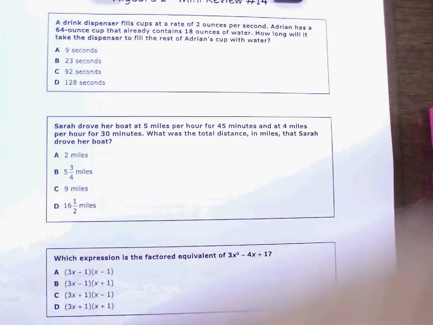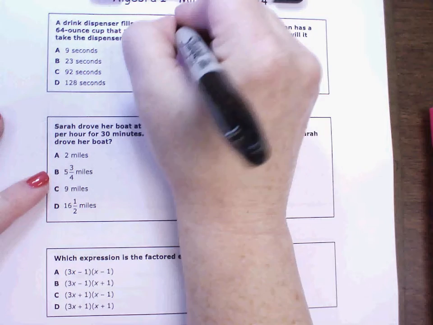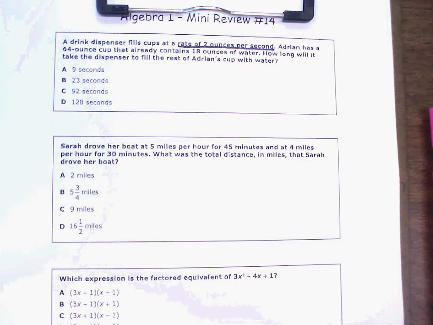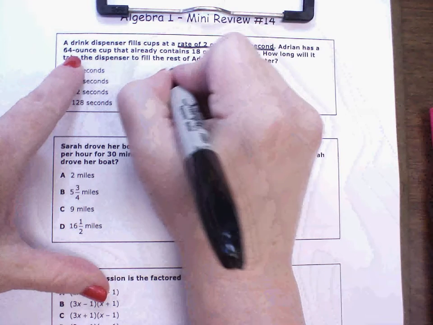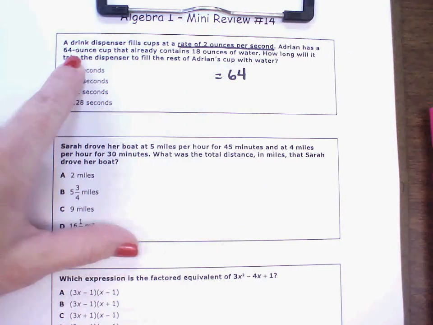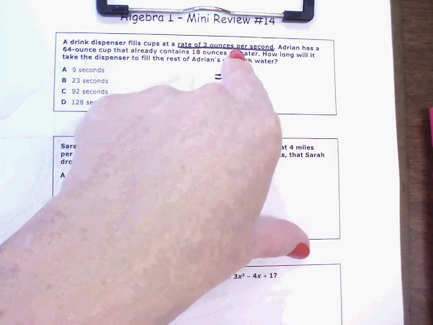A drink dispenser fills a cup at a rate of 2 ounces per second. That's your slope. Adrian has a 64-ounce cup that already contains 18 ounces of water. How long will it take the dispenser to fill the rest of Adrian's cup? Okay, so the total that it can hold would be 64. So this equation is equal to 64.